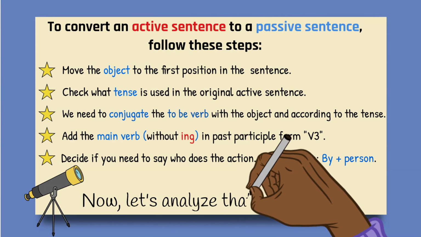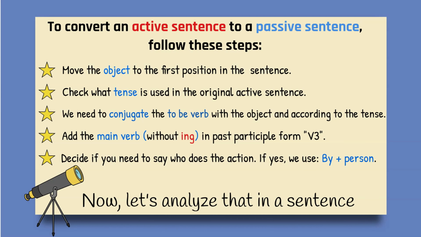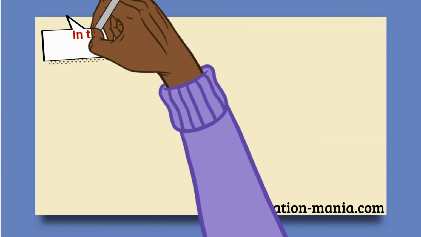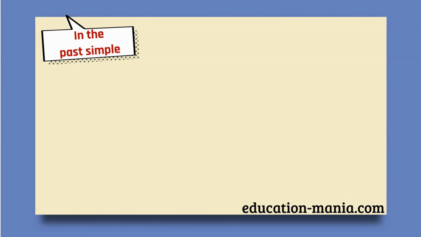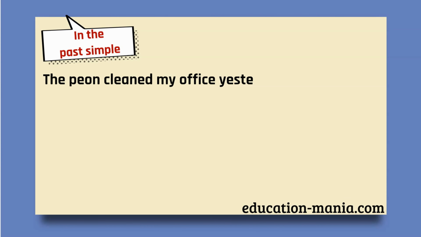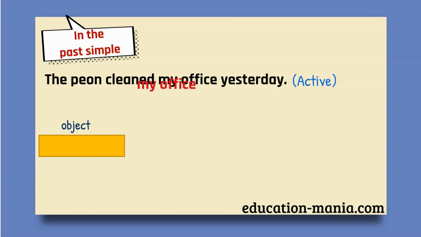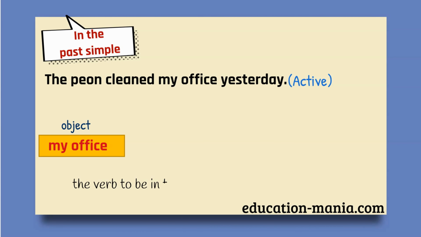Now let's analyze that in a sentence. In the past simple: The peon cleaned my office yesterday. The object is my office. Move it to the first position in the sentence. The verb to be in the past is was.